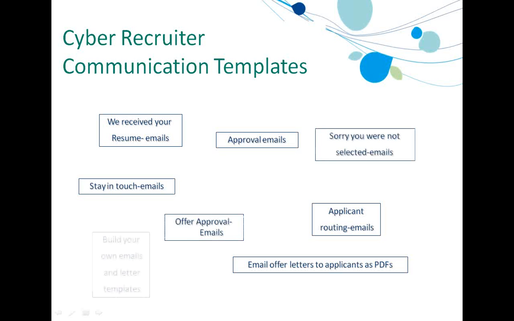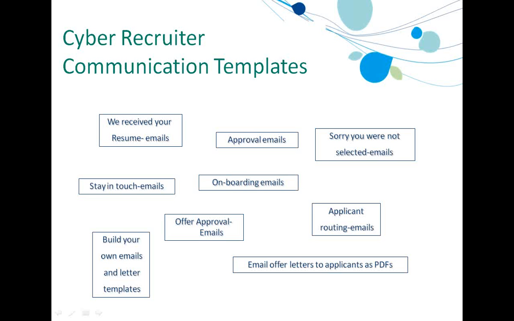They have the ability to insert fields from the entire system so that, for example, when an applicant applies online, they automatically receive a thank you for applying email with log-on credentials to the self-service site so that they could go in and apply for other positions or answer additional questions, things of that nature.